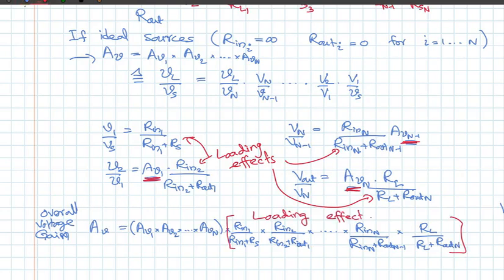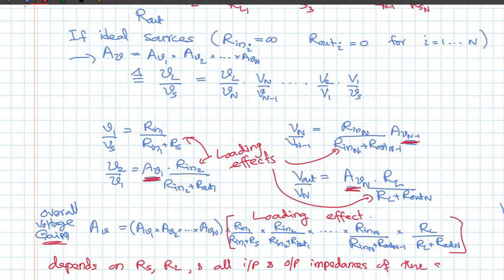So therefore you can observe that the overall gain depends on Rs, RL, and all the input and output impedances of the stages. Okay, so that needs to be remembered.